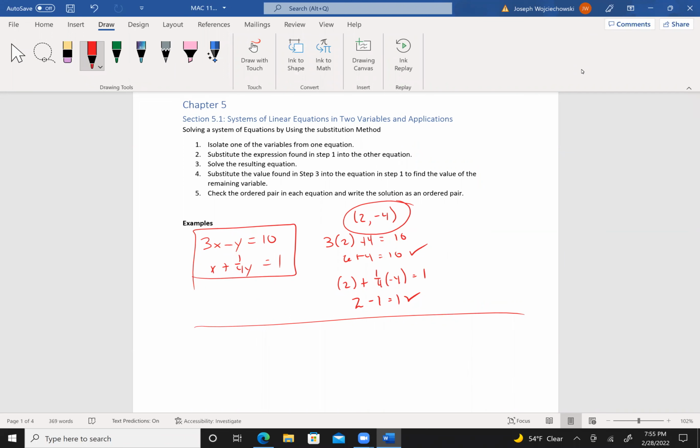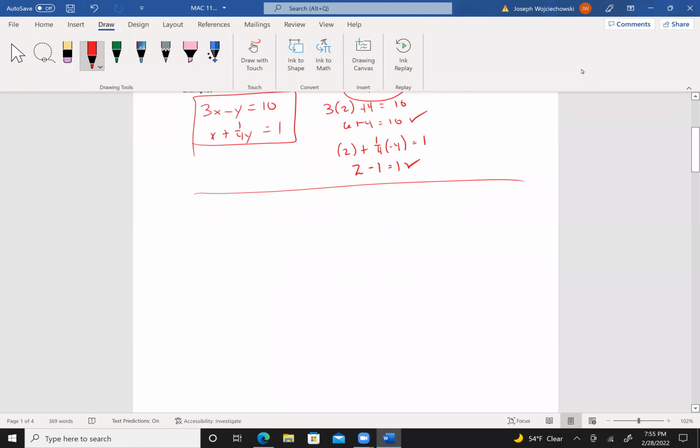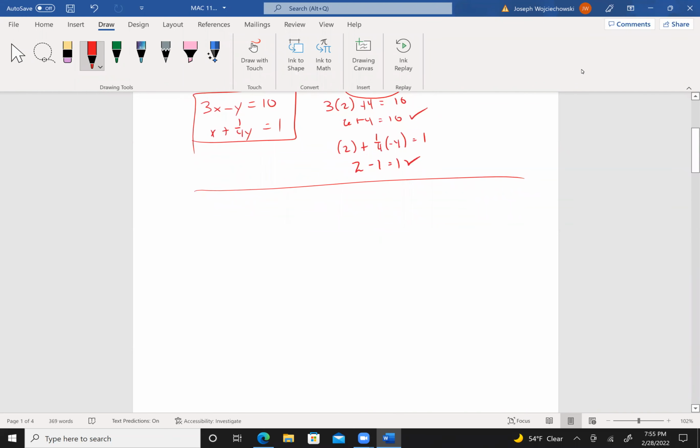So let's look at a system of equations. And we'll start with 3x plus 4y equals 5, and x minus 3y equals 6. So substitution, we need to pick a variable to solve for and an equation to solve for it in.